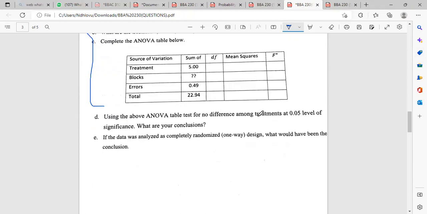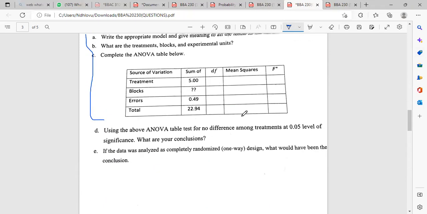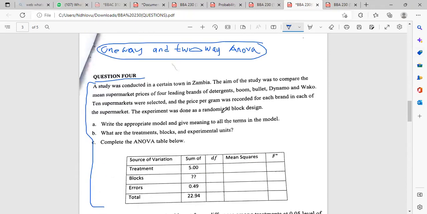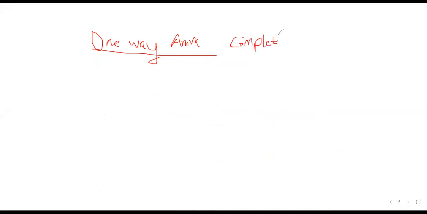Okay, so now, before getting to an example, quickly, I need to explain the distinction between one-way ANOVA and two-way ANOVA. All right. So one-way ANOVA is called a completely randomized design experiment.